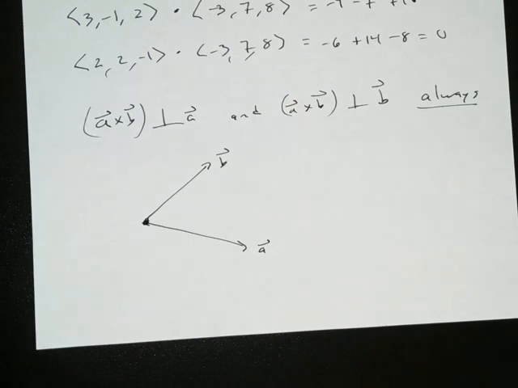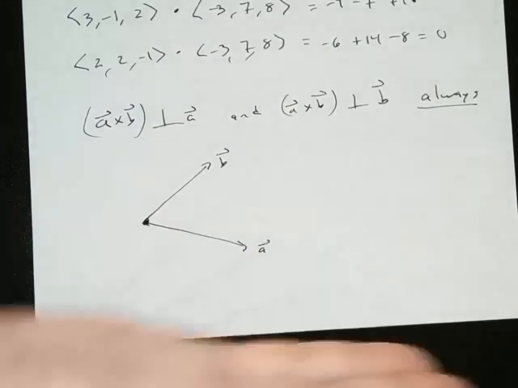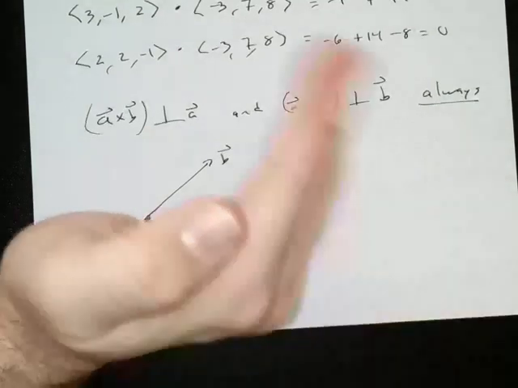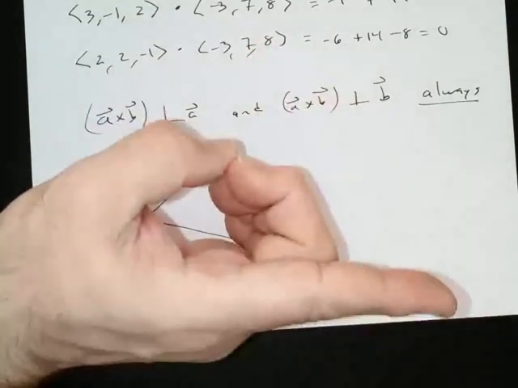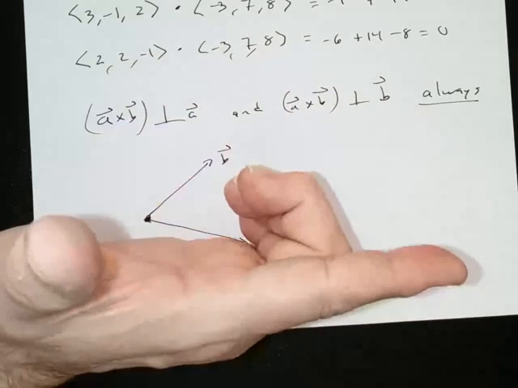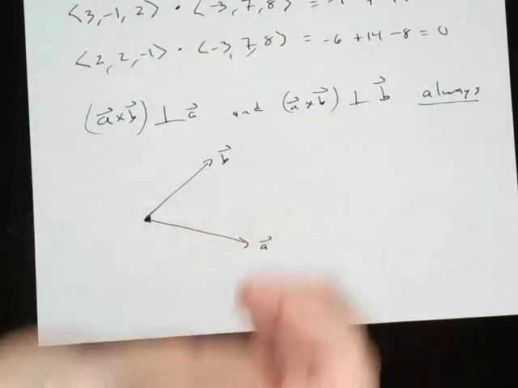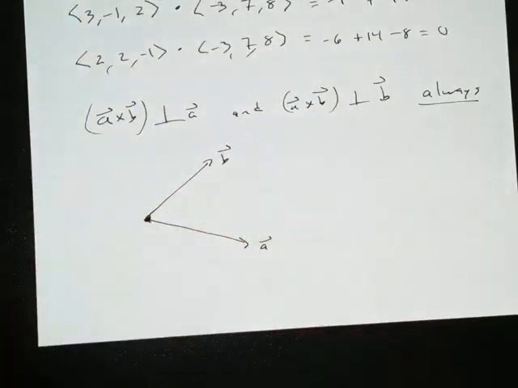Take your forefinger and point it in the direction of A so that the palm of your hand, or your middle finger, like when we do this, is pointed towards B. So you can think of it as curving towards B. Right? That's the direction I want to go. My thumb points the correct direction for the cross product.